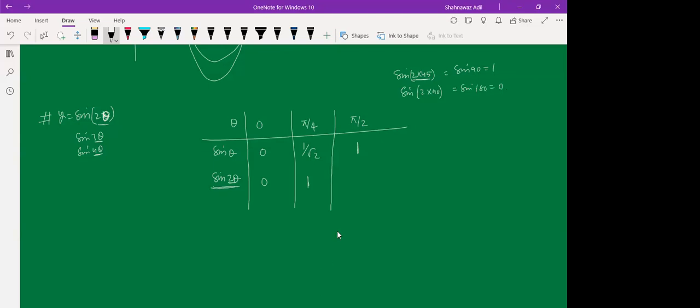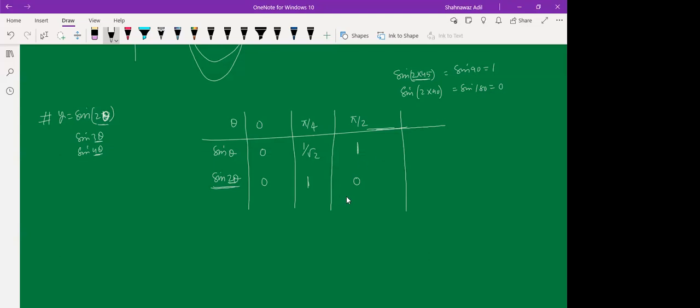So you see that this pi by 4 is the value where it is going maximum. And then if I write it, this is 0, pi by 4, then pi by 2.